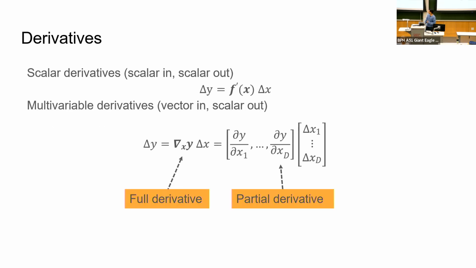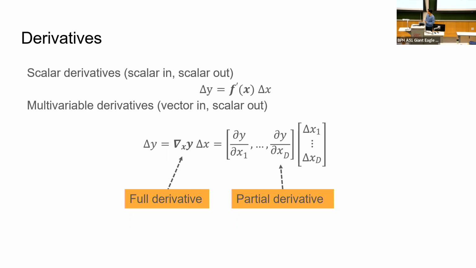All right, so scalar derivatives. In this case, we have a scalar input and a scalar output. We can see del y is represented as f prime x times delta x. When we are dealing with multivariable derivatives, we have a vector in and a scalar out. So the difference is the input of scalar versus vector. In the case of a vector, we have delta y represented as del y with respect to x times delta x.